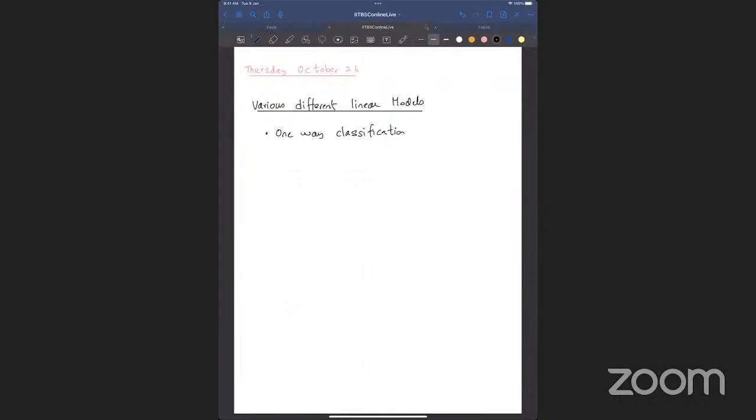One-way classification is the simplest model that you can come up with. It's a very basic model that one can consider and work with.